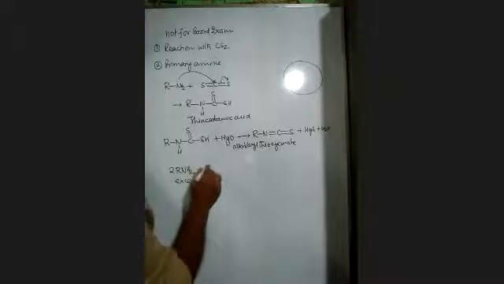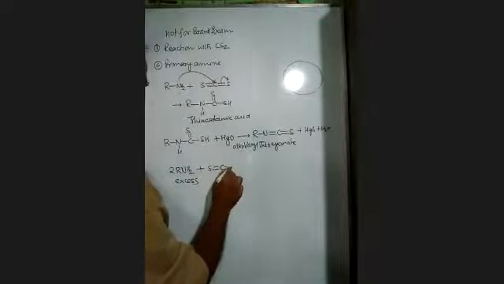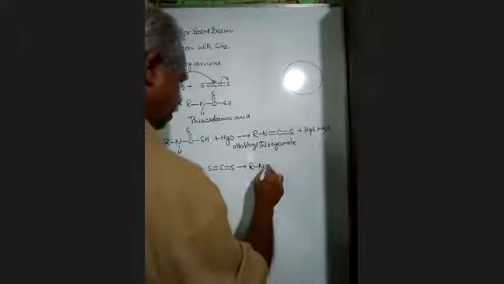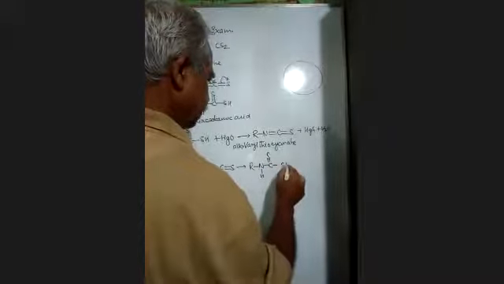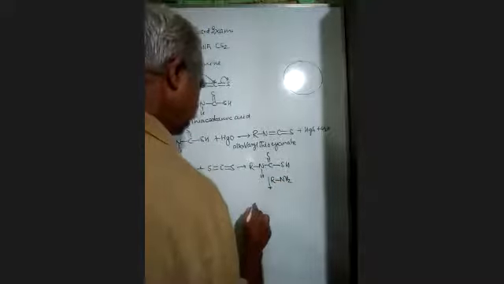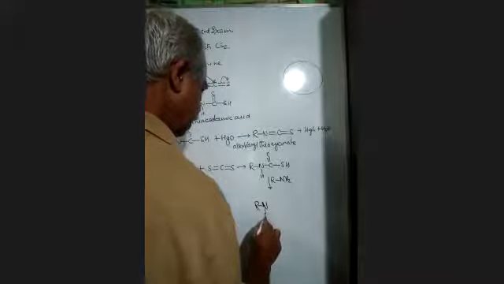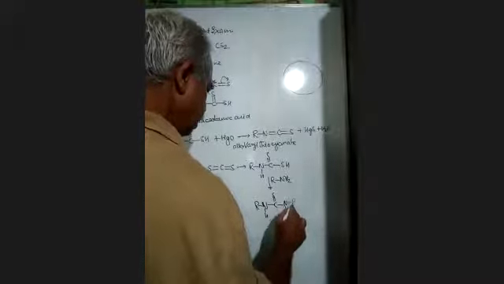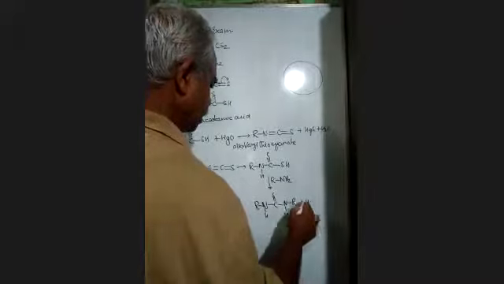First, this is going to form, and this will again react with another molecule of the amine. It will give you R NH CS NH R plus H2S.